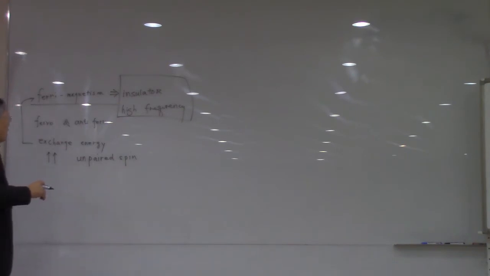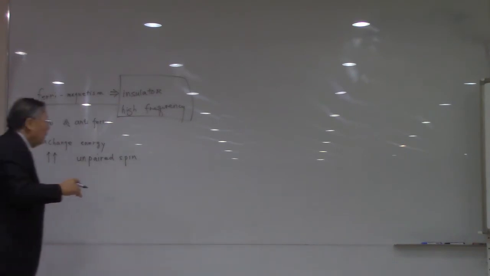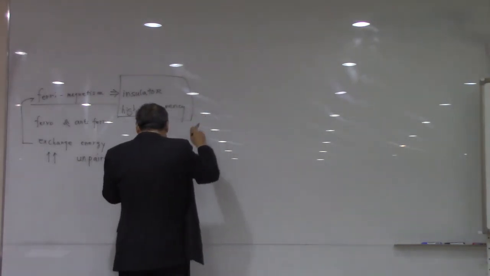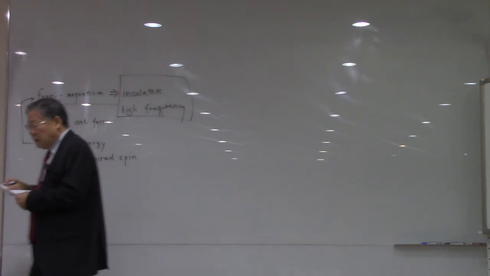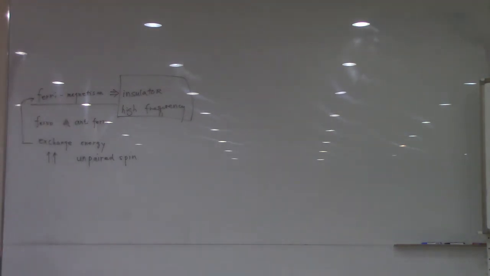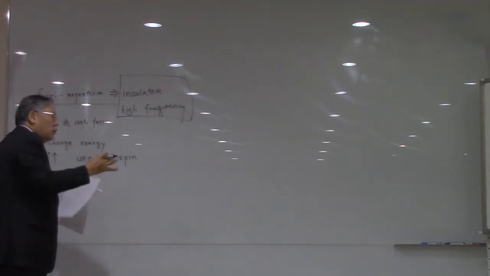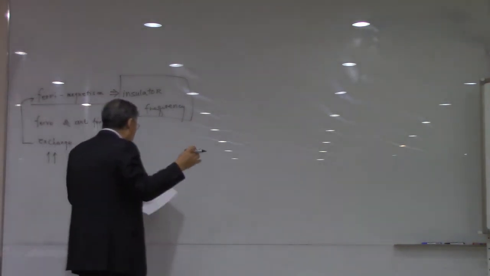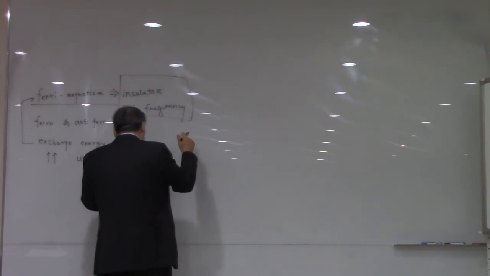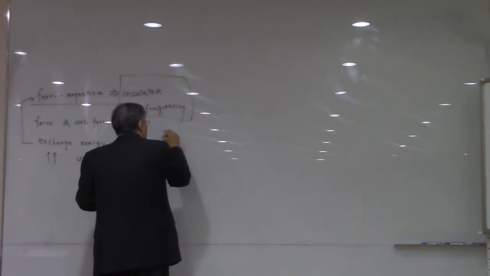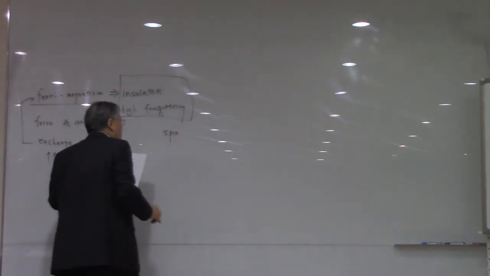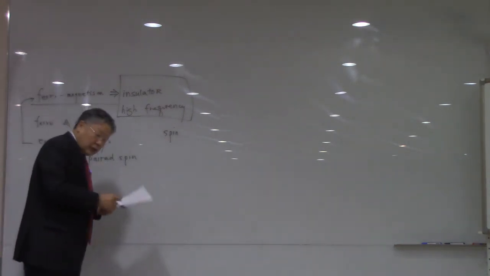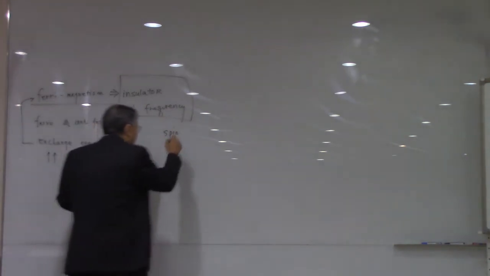Let me give you the examples of ferrimagnetism. One is the spinel structure. It is very much related to the crystal orientation, crystal structure, I should say. One of these ferrimagnetic materials is the spinel structure.